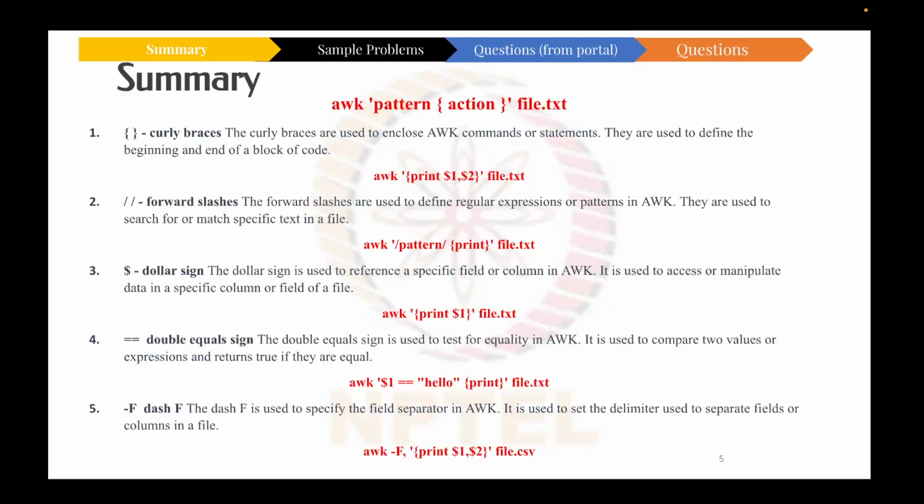So -F is used to set the field separator as comma. So in the command you can see hyphen F, and after this, a comma is placed, which denotes the file format. These are just a few examples of the symbols used in awk and their meanings. There are many more symbols and operators available in awk that can be used for various data manipulation tasks.